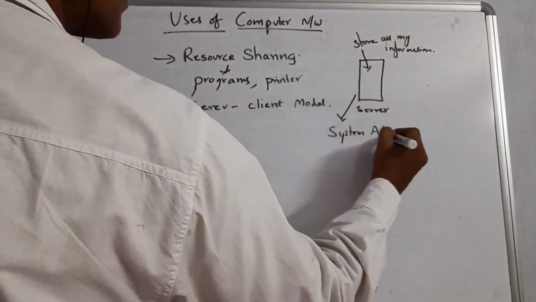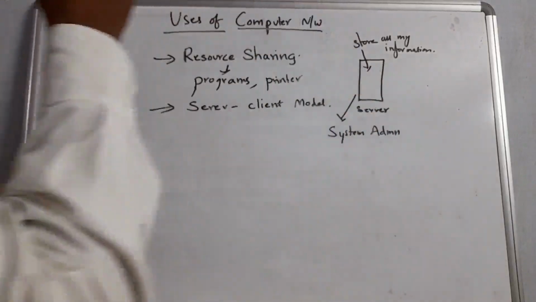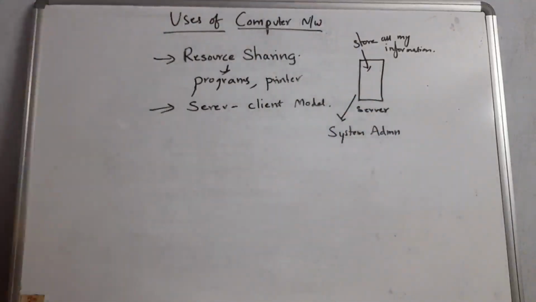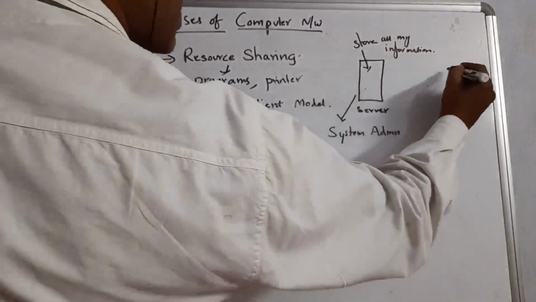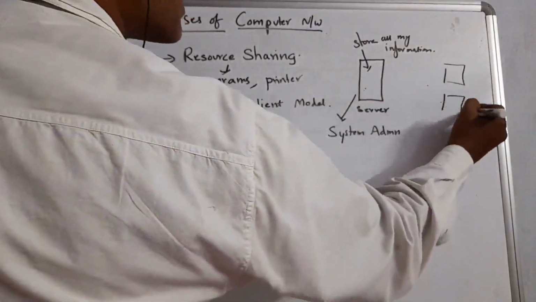System administrator. And what do you mean by a client? The clients are the machines used to access the information stored in the server remotely. See, this is my server and these are my clients.